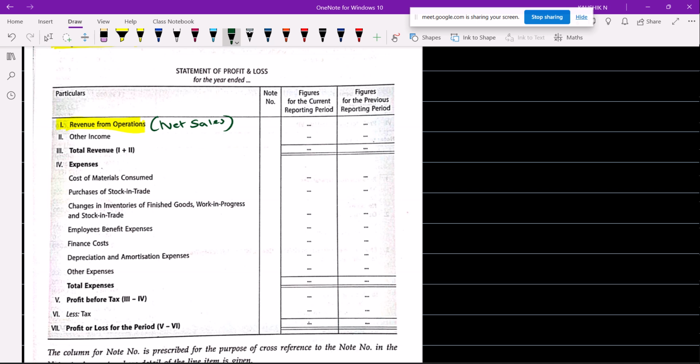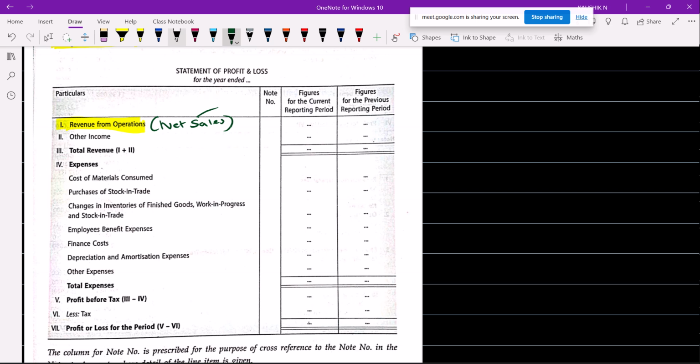So any revenue, that is the sales, from the business operation you are engaged in, we call revenue from operations. So it is purely net sales.